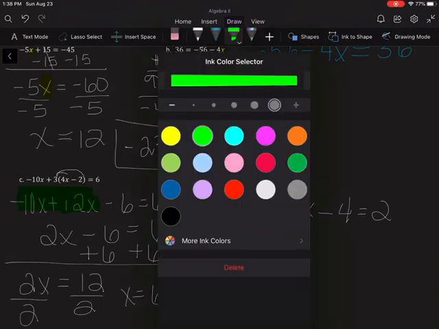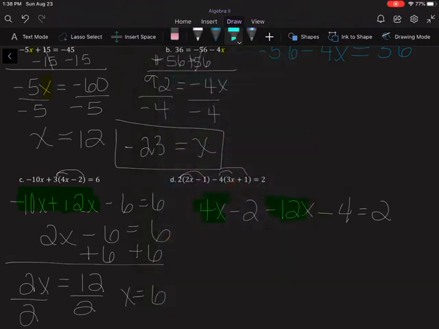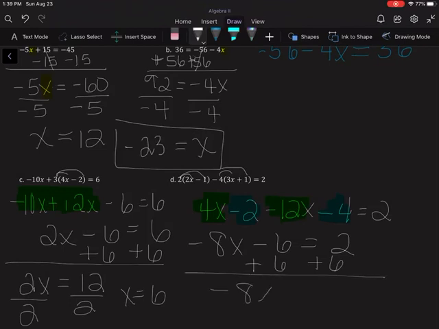These are like terms. And we combine those on the left-hand side. And then solve the two-stepper.